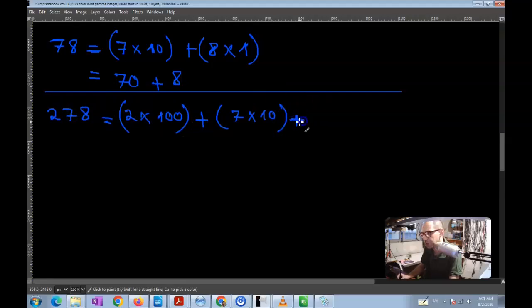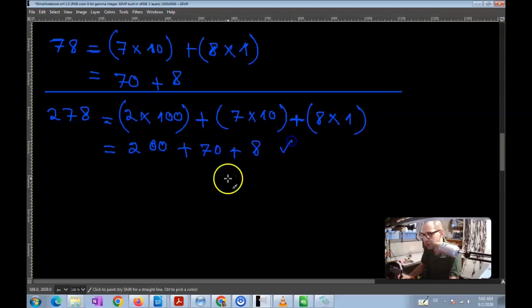And then I have this 8 over here, which is in the ones place value, so I have 8 times 1, that's 8 ones. So this is the same thing as 2 times 100 is 200, 7 times 10 is 70, and 8 times 1 is equal to 8. That's 278, right?